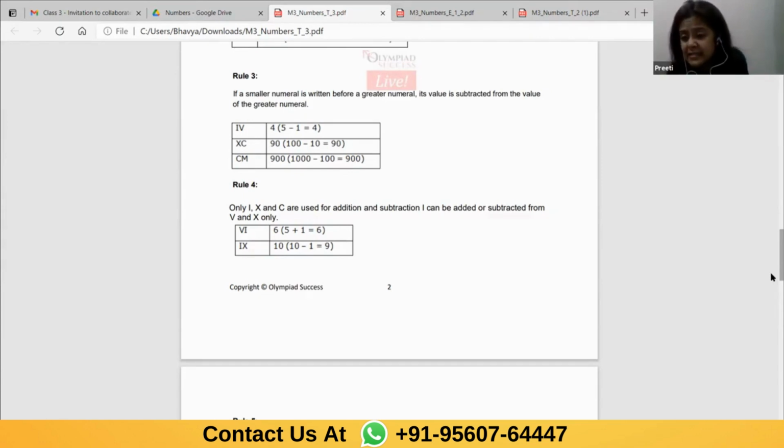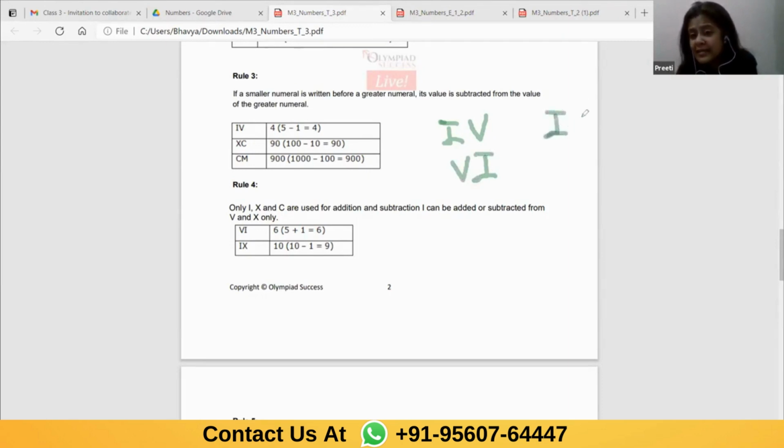and X. There are 7 symbols, no? With V and X only. You can use I symbol only with V and X. How? See, in order to make 4, we use I with V, correct? In order to make 6, we use I with V, correct? In order to make 9, we use I with X, correct?